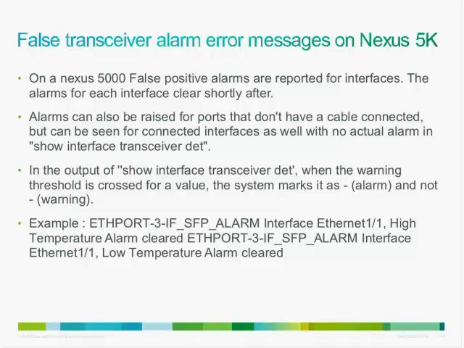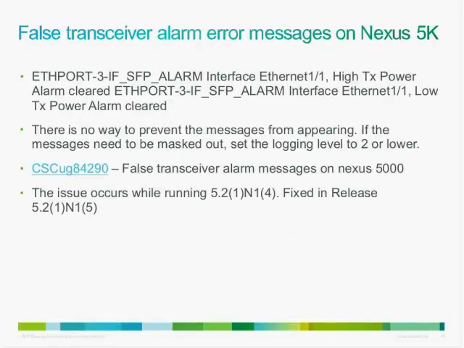Because of that, we started generating error messages which are more like false positives. We started having customers call in, and we have root caused this issue. This is the bug CSCUG84290. We can mask those messages by lowering the logging level for the transceivers. This is fixed in one of our recent releases, 521N15.